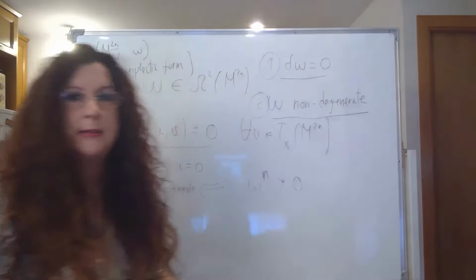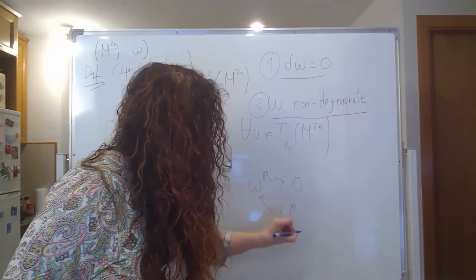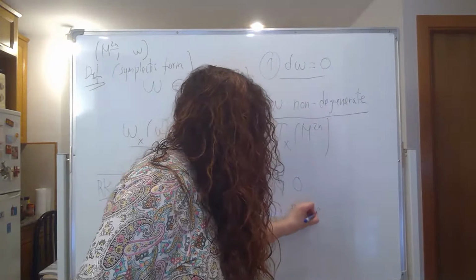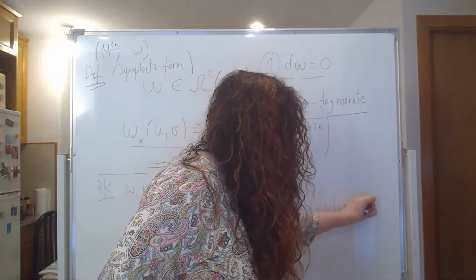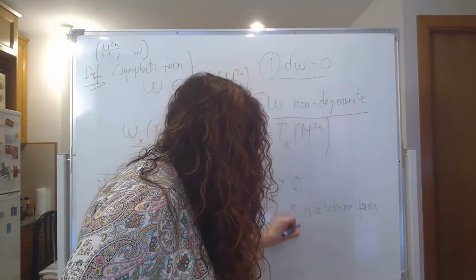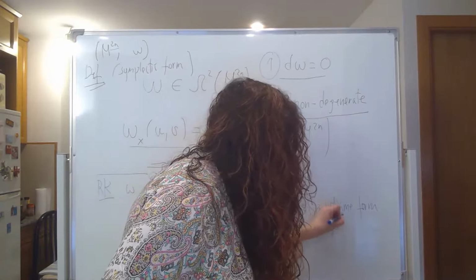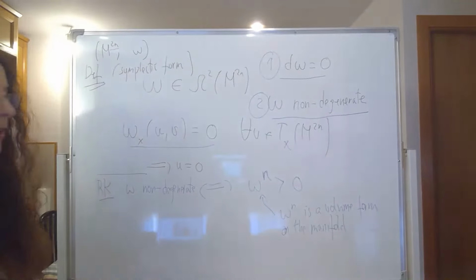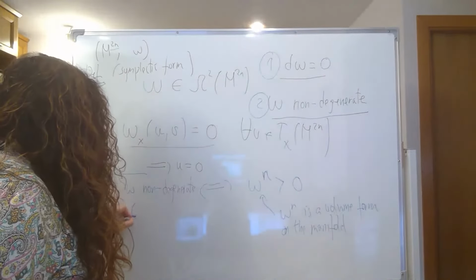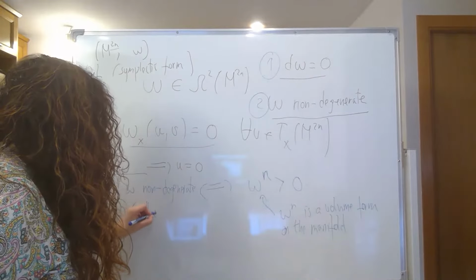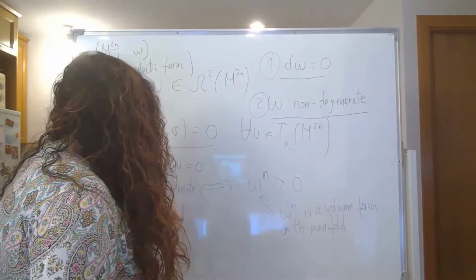Usually we put it like this: omega to the n positive, it means that omega to the n defines a volume form on the manifold. All right? In particular, this tells me that the manifold is orientable. So these are basic things that I already explained, but I want to recall because I'm going to need them. Okay? So this is orientable.